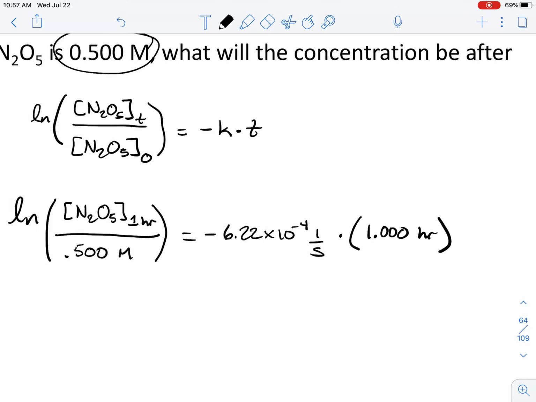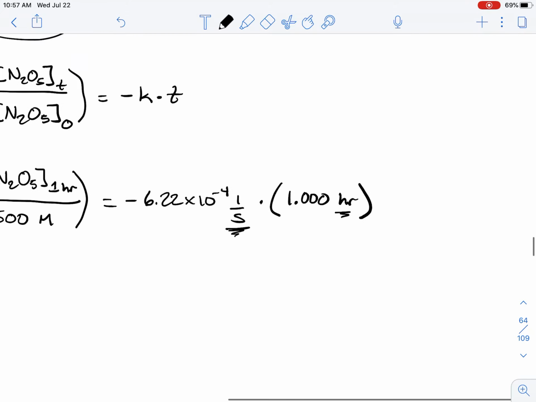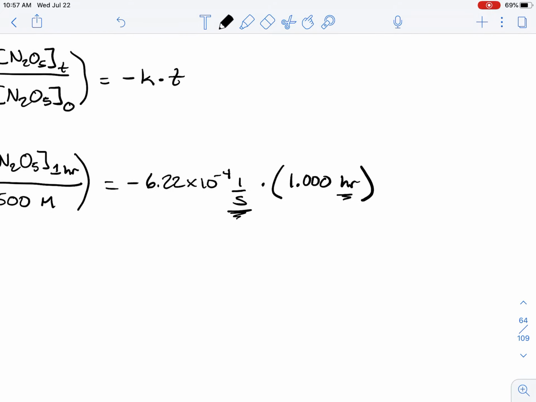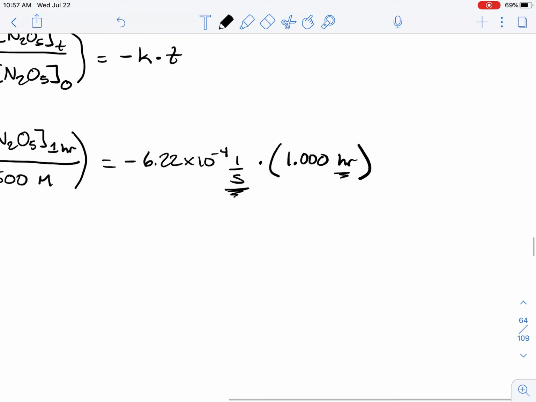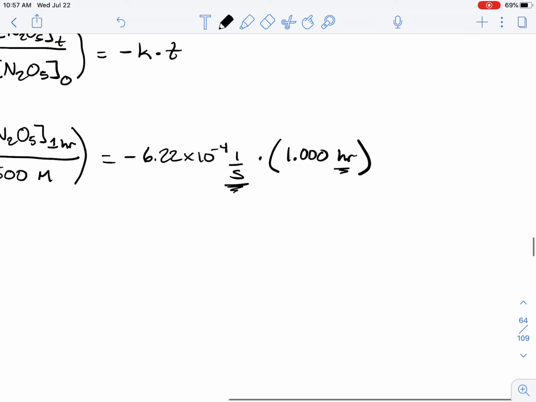Now, if you guys notice, the units for time are not the same. And so it's really important for you guys to write your units as a check to see if those values are supposed to be the values that you're going to be writing down. And so since the units of time are different, I'm going to go ahead and convert hours into seconds.